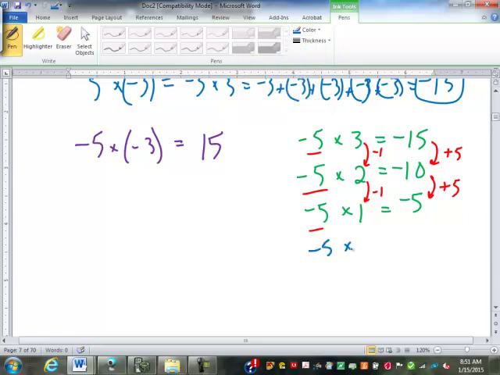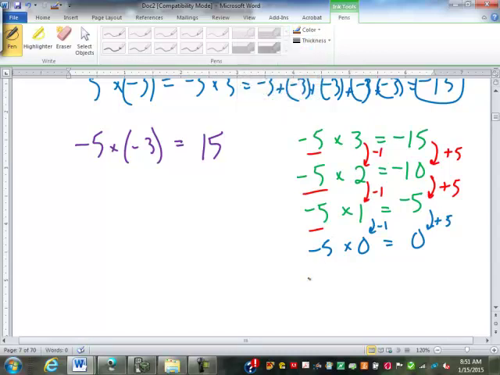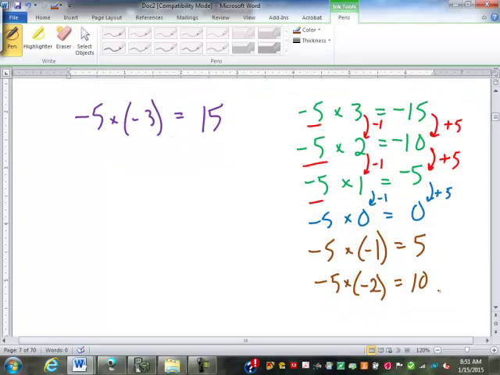What's negative 5 times 0? 0. Well, this went down by 1. Did this go up by 5? Sure did. So that pattern looks to be valid. So negative 5 times a negative 1, it'd have to go up by 5 more, positive 5. Negative 5 times a negative 2 would have to go up by 5 more, positive 10, and so on.